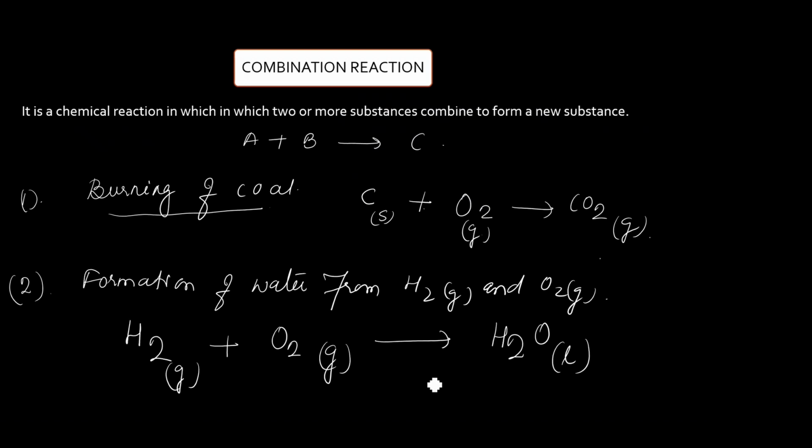So always mention the states whenever you are writing any reaction. Now balance the reaction. Here 2 oxygen, 1 oxygen, so put 2. 2 to the 4 hydrogen, 2 hydrogen, 4 hydrogen. So here also hydrogen and oxygen, two reactants, are forming a single product, that is water. It's an example of combination reaction.